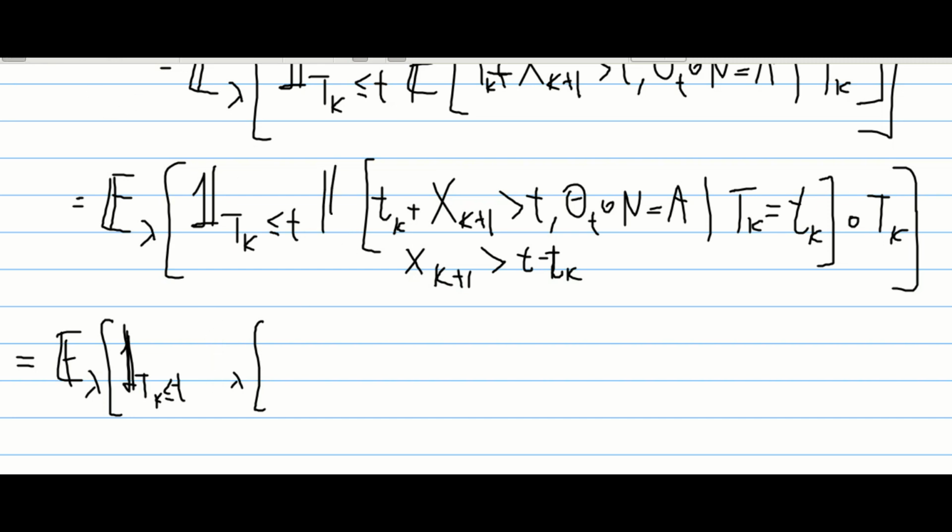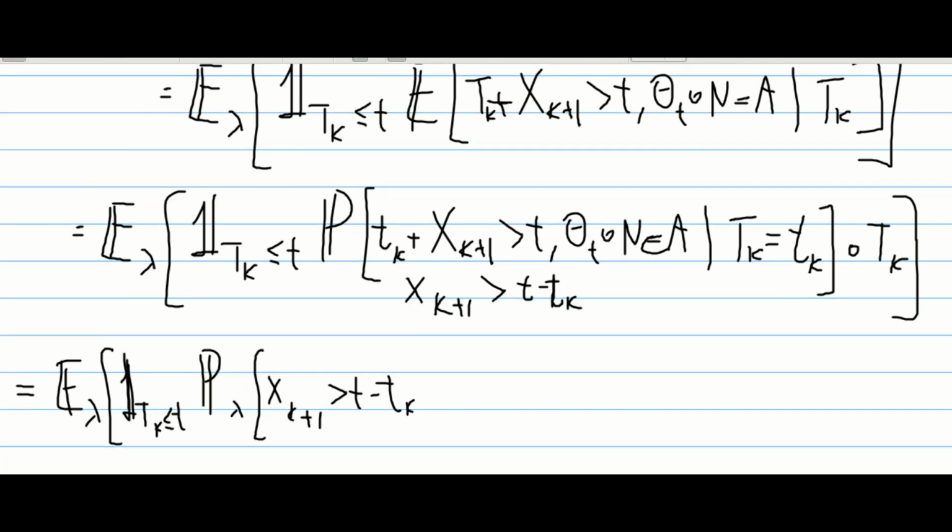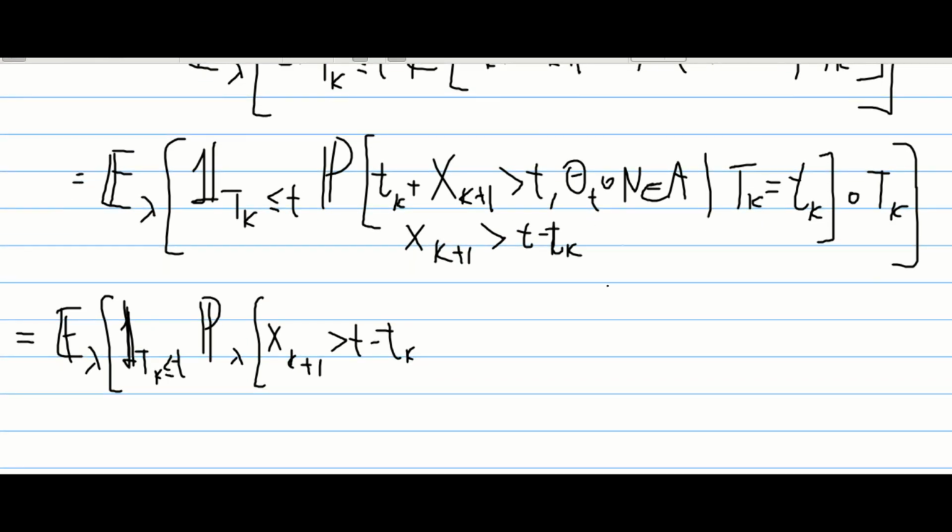I'm writing it as an event: X_{k+1} bigger than t minus tk, and the rest belongs to A, right? We are going to rewrite this using the theta notation that we introduced in the previous class.